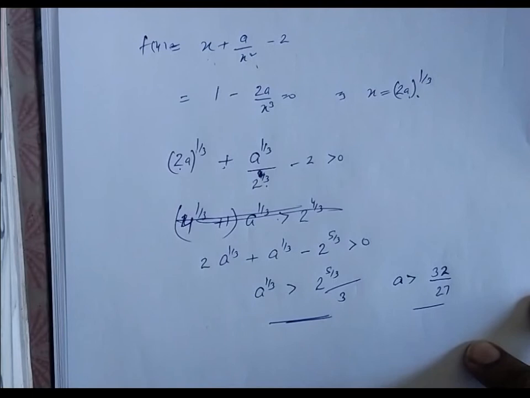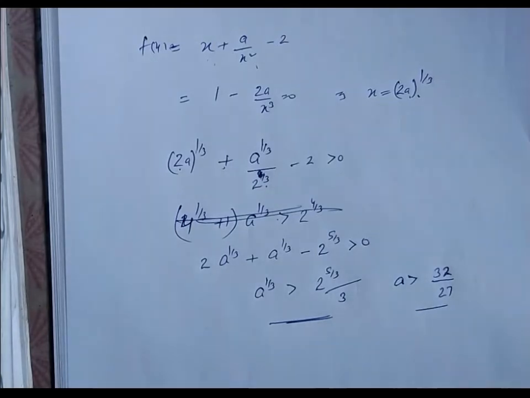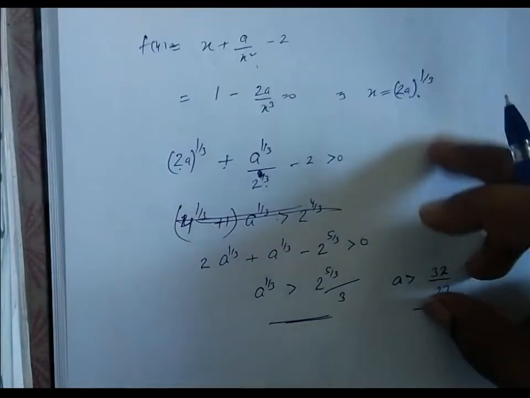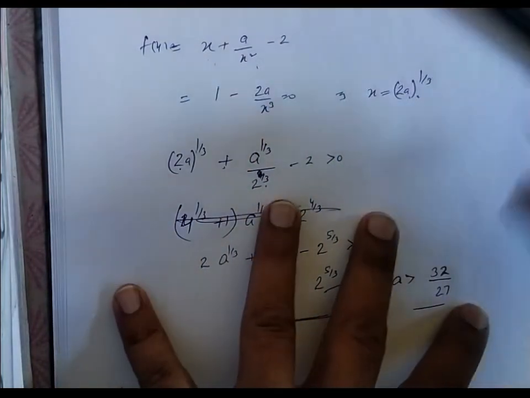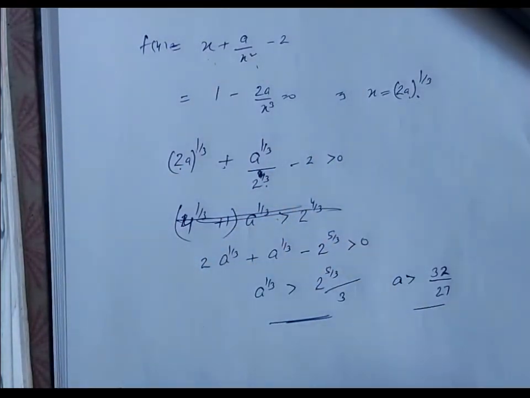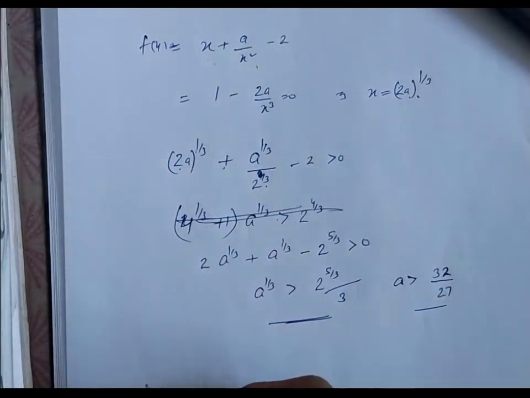Moving to next question, question number 43. So for Rolle's theorem, LMVT, Lagrange's mean value theorem, find the equation of the tangent to the graph of this curve which is parallel to the chord joining the points 0, 3 and 1, 2.